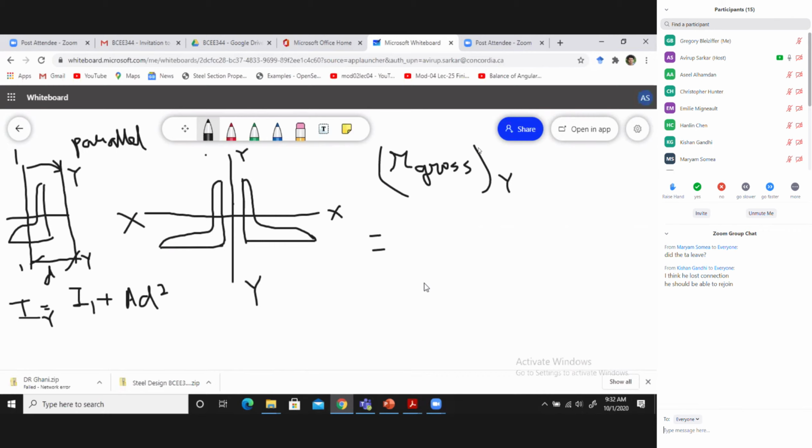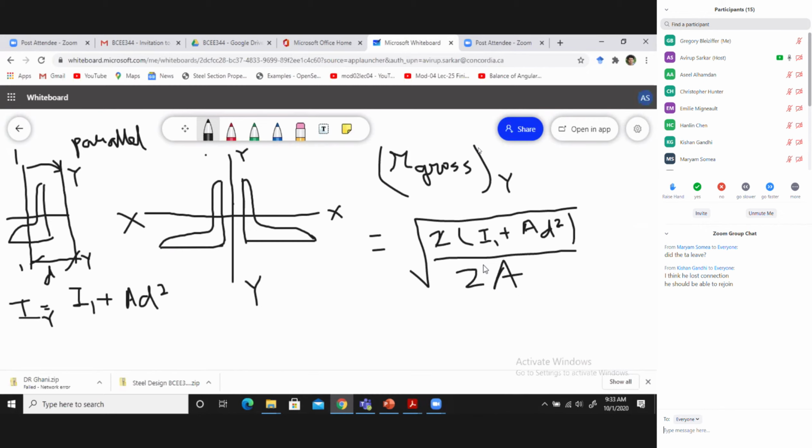So now it will be 2 times the I individual about their own centroidal axis plus A times d squared, where d is the distance between the centroidal axis and the actual centroidal axis for the individual section, and that is to be divided by 2 times the area. So these two cancel out, and this is the I gross about the y axis.